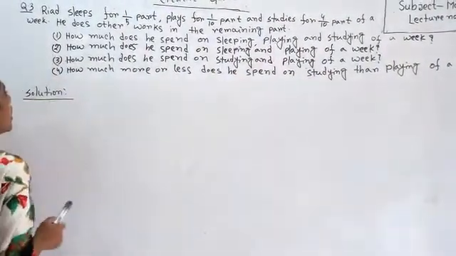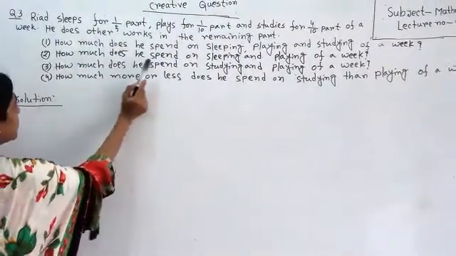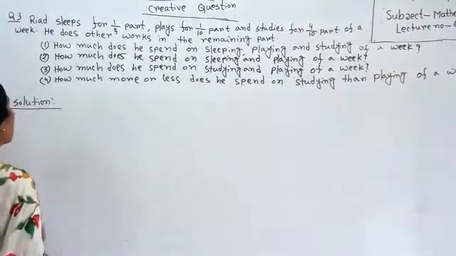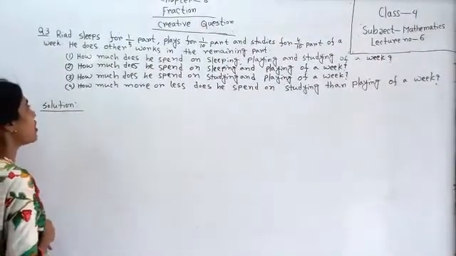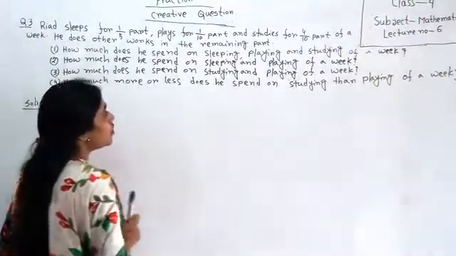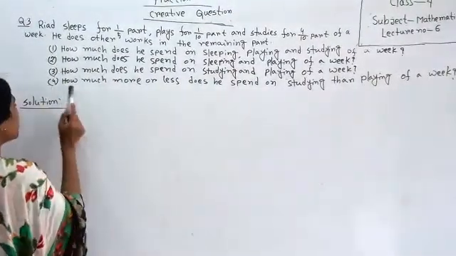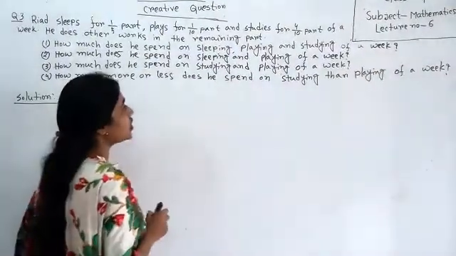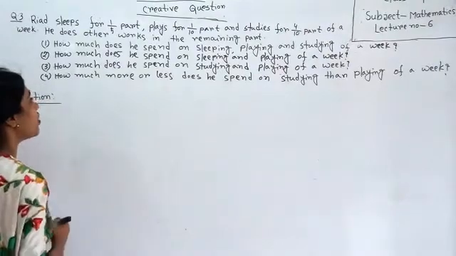Question number 2: How much does he spend on sleeping and playing of a week? Question number 3: How much does he spend on studying and playing of a week? Question number 4: how much more or less does he spend on studying than playing of a week?